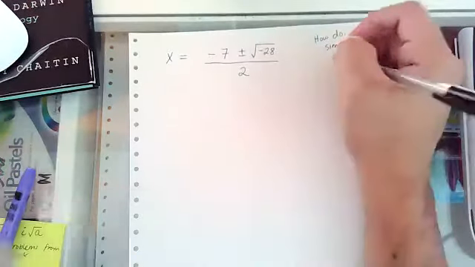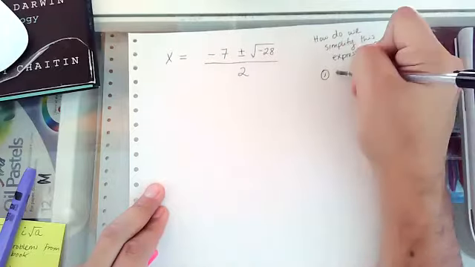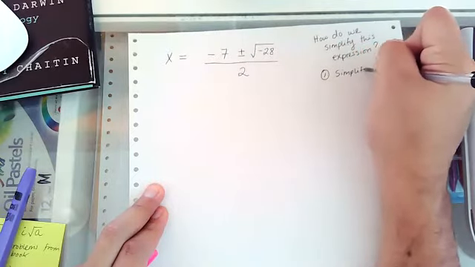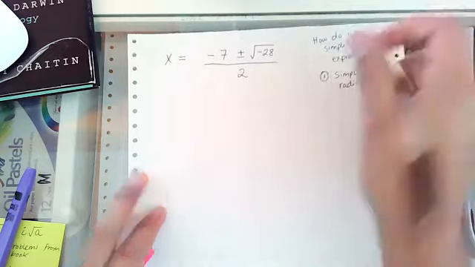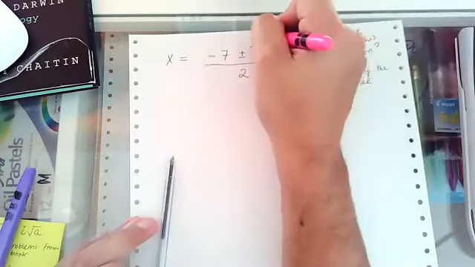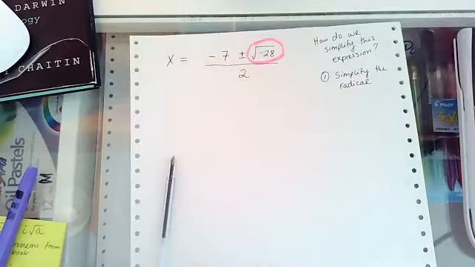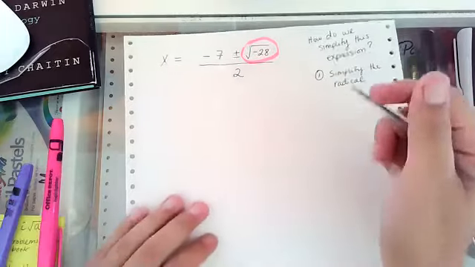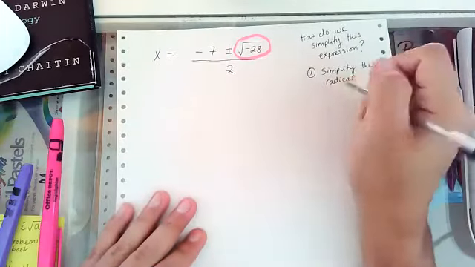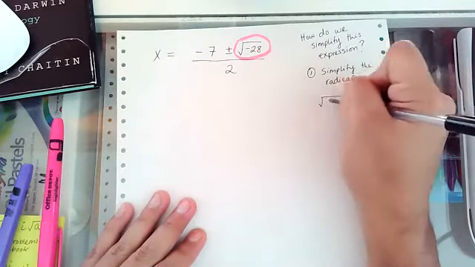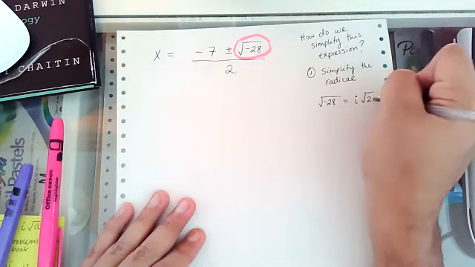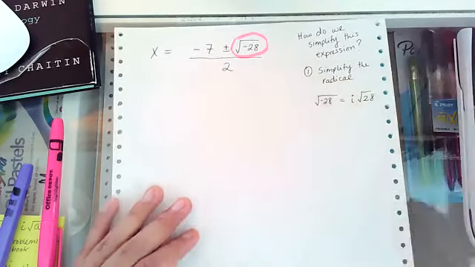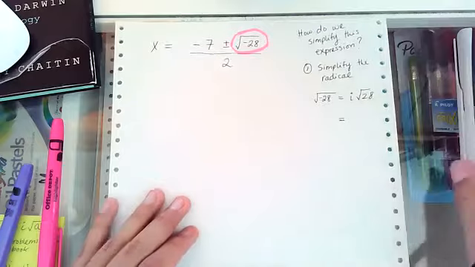So the first thing I'm going to tell you to do is, step 1, simplify the radical, which is this guy here. So I know that the square root of negative 28 is equal to i root 28, and then I just have to worry about figuring out what that simplifies to.